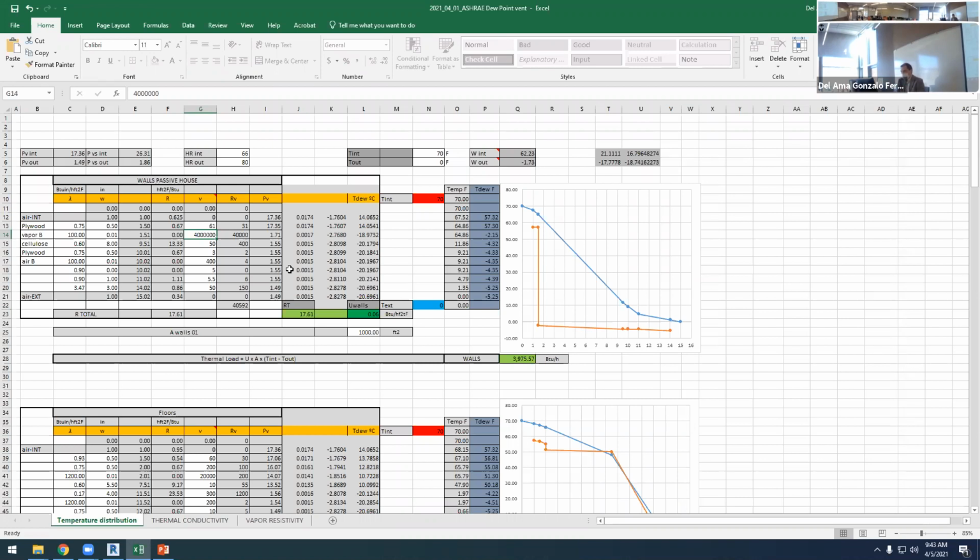But the theory, and here we are studying the theory, is that if we have a vapor barrier inside the thermal insulation, we don't have condensation risks.